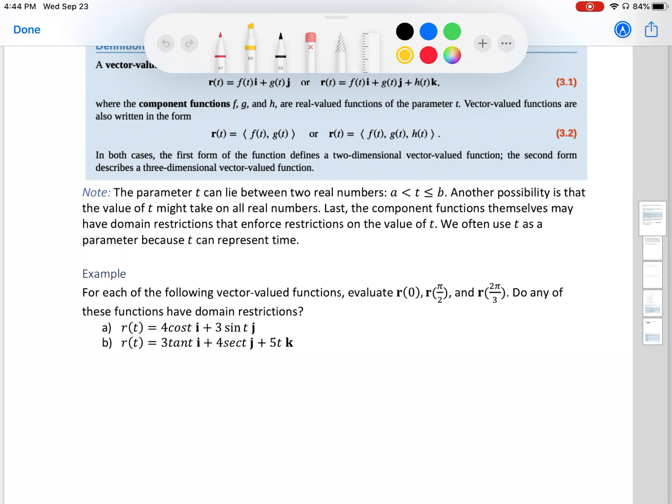The restrictions you'll often see are those trig functions where they're undefined. So think of your reciprocal functions, where tangent is undefined, and cosecant, secant, and cotangent. Those values that may produce an undefined value are most likely going to cause a change in your domain.